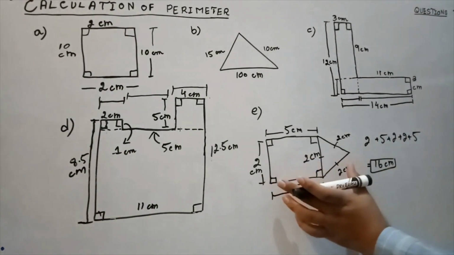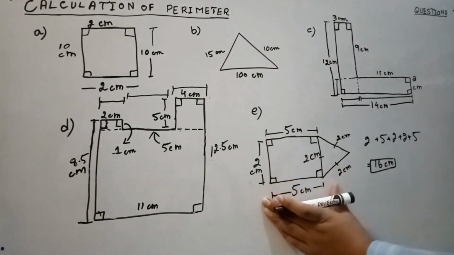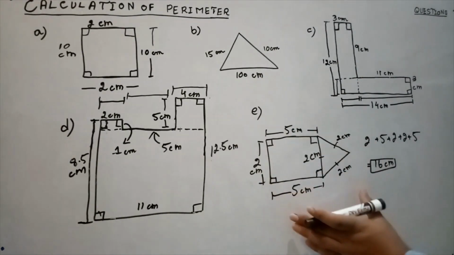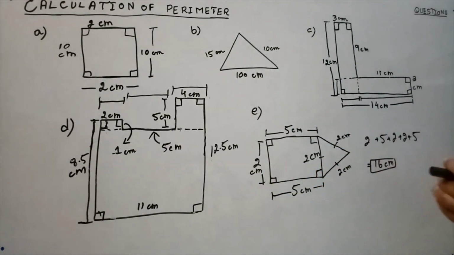We have to take the figure as a whole, and then add the lengths of the boundaries. Clear? I hope you are getting my point. So that's it for this video, calculation of perimeters.